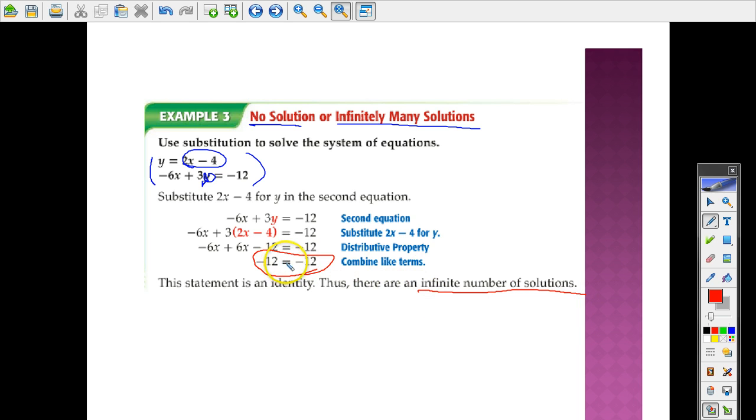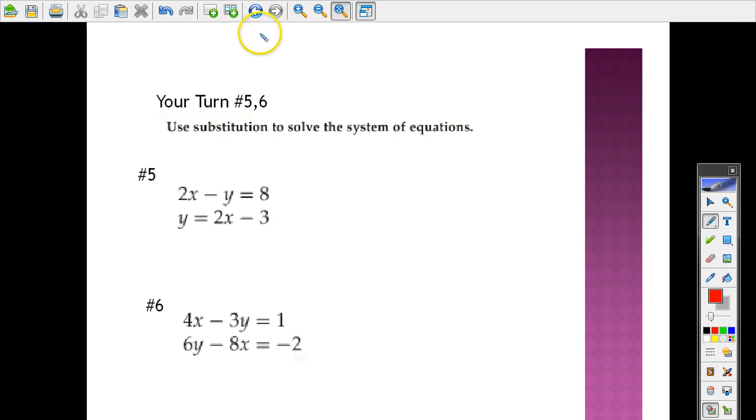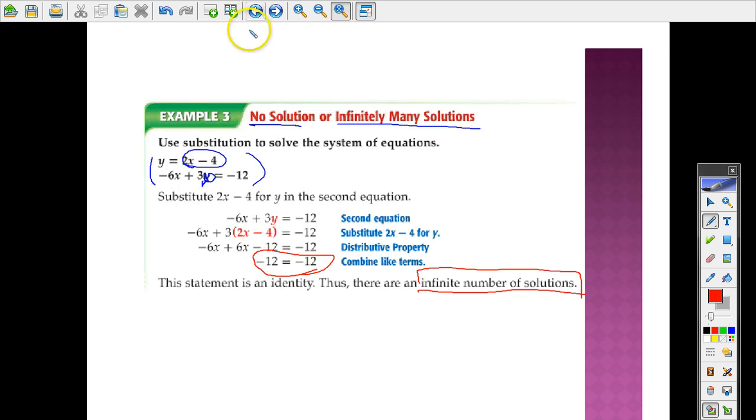So when you have something that comes across equal and it does make sense, -12 does equal -12, then you have an infinite number of solutions. The textbook didn't explain this, but when you have something that looks like -12 equals 5, and that's not true, that means there's no solution.